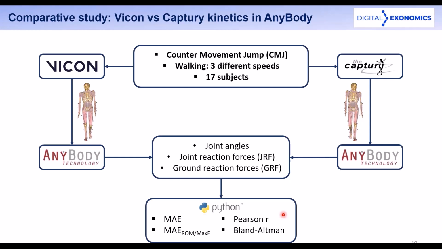We recorded all the movements with both Vicon and Captury, and used the recordings for simulation in AnyBody, where we calculated joint angles, and this time also joint reaction forces and ground reaction forces. And then we did some statistical evaluation to see how the Captury system compares to the gold standard.